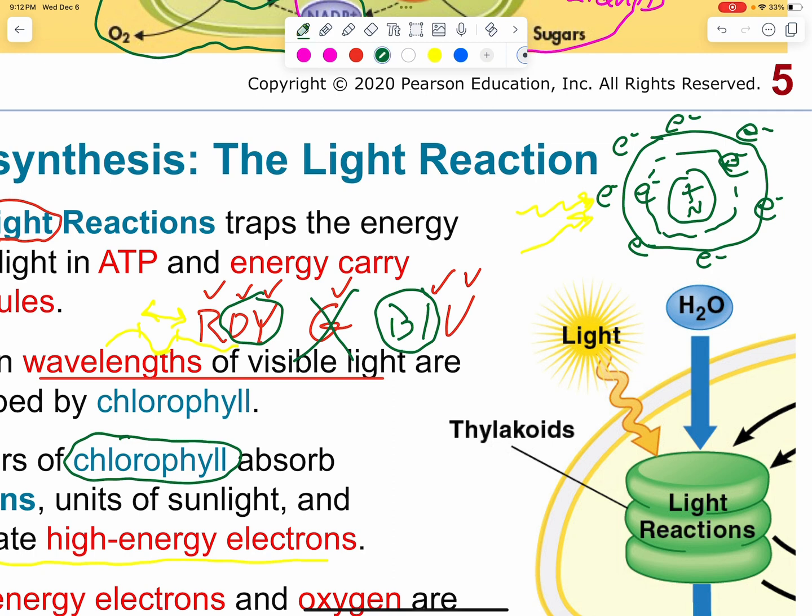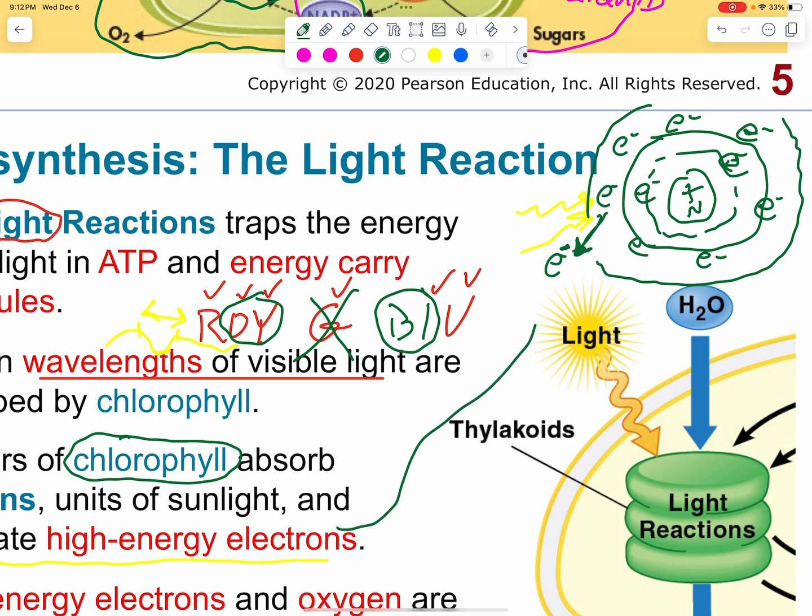And what it does is it makes these electrons pop out to a further electron orbit that didn't exist. The farther an electron gets away from its nucleus, the more energy it has. So that high energy electron is right there. It pops out farther away from its nucleus.